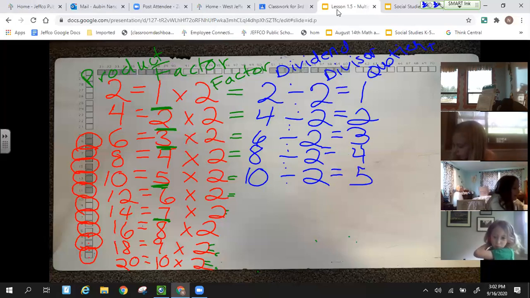Who thinks they can do the next one? Yay, we got a couple hands. Anyone seeing it? I think by the time we're done with all of them, they've really got it. Reese got her hand up. Reese, can you unmute and tell us what the next one would be for 12 equals 6 times 2?